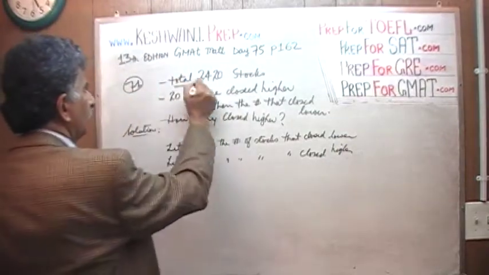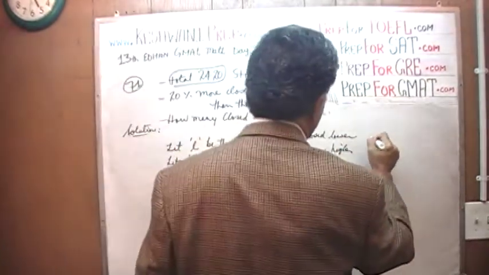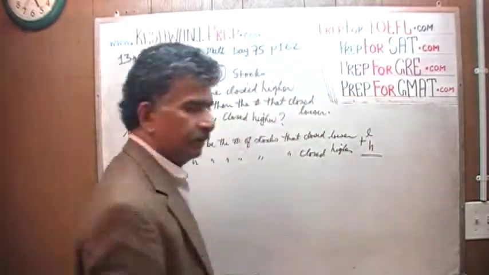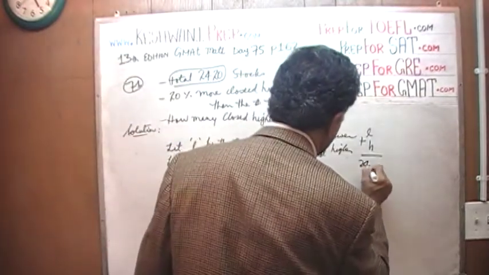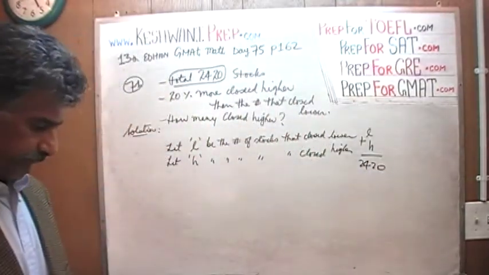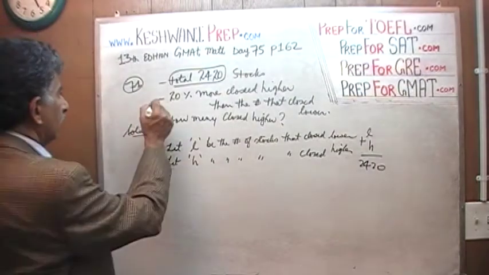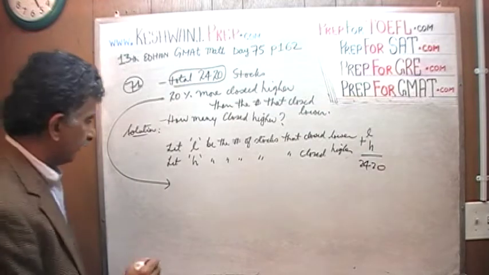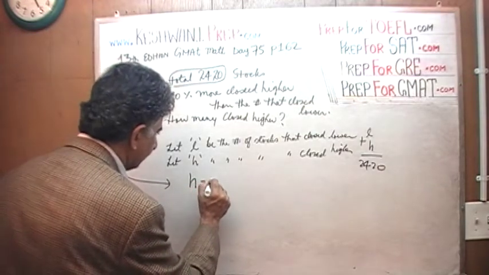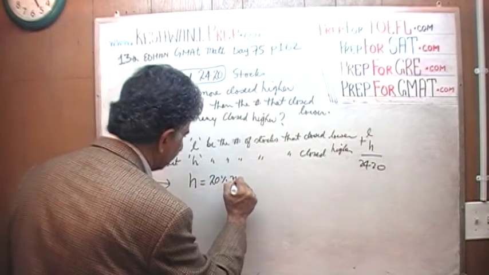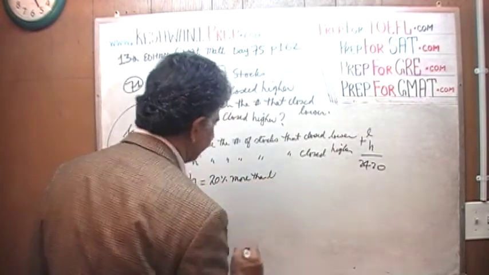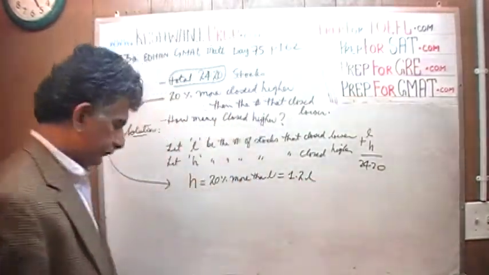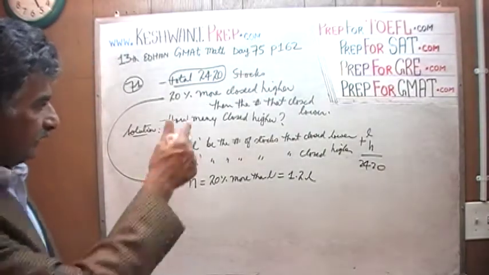Since there are a total of 2420, that's our first equation: L plus H must equal 2420. We are also told that 20% more closed higher. So the number of stocks that closed higher is 20% more than L, which is the same as saying it is 1.2L. That's our second equation right there.